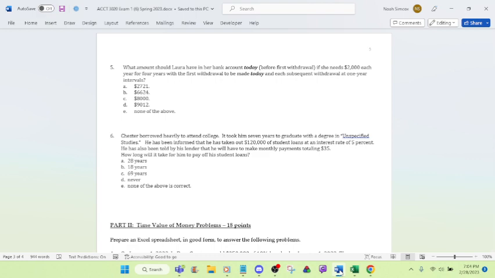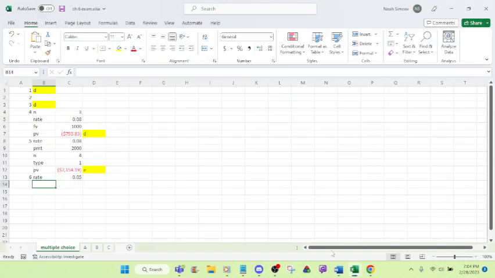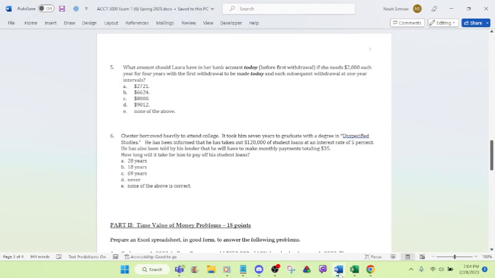Is future value 120? No, it can't be right. Is present value 120? I think so, because present value is 120, future value is higher than that, right? Present value is 120. And then these payments, are they going to be the opposite? Yes.